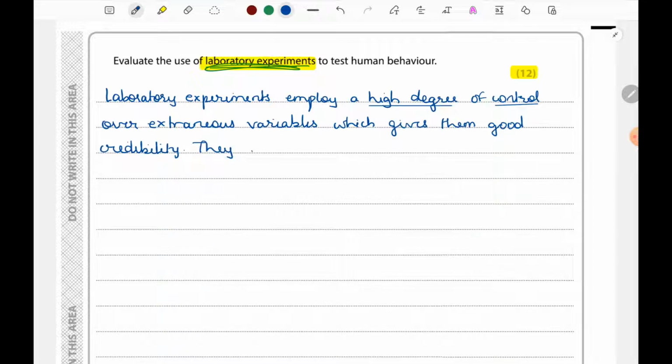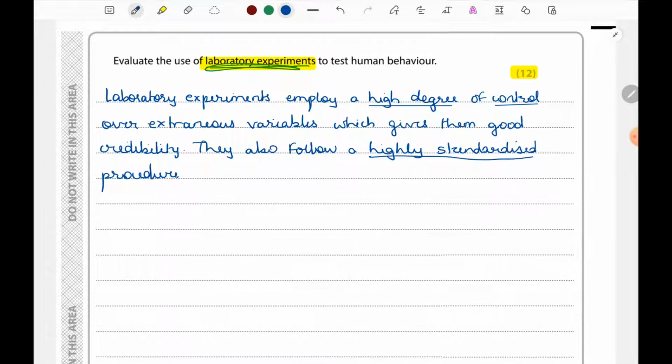They also follow a highly standardized procedure which gives them good reliability.